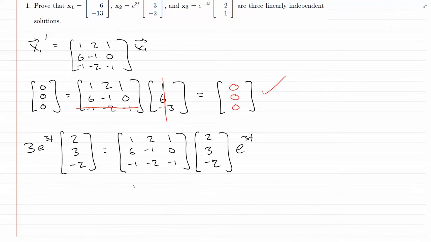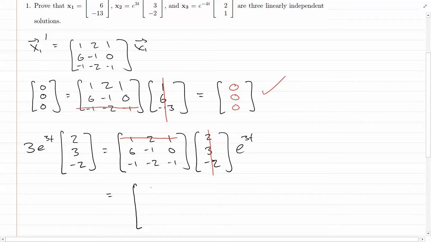Let's go ahead and do the matrix multiplication. Again, we do the first row times the column. That would be 2 plus 6 minus 2. That's 6. Then we do the second row times the column. That would be 12 minus 3 plus 0. That's 9.